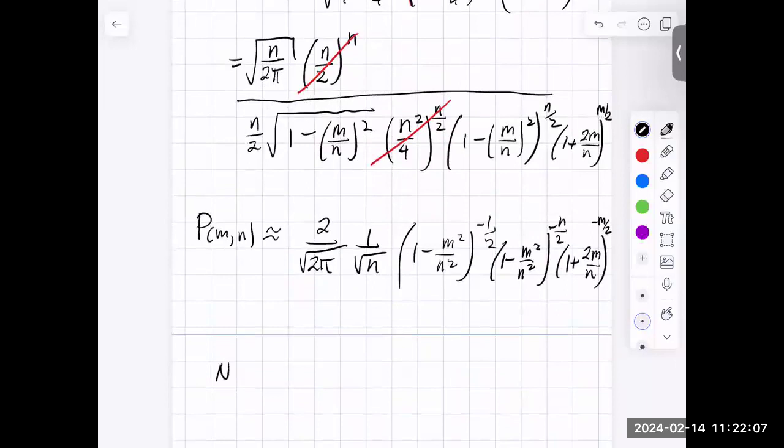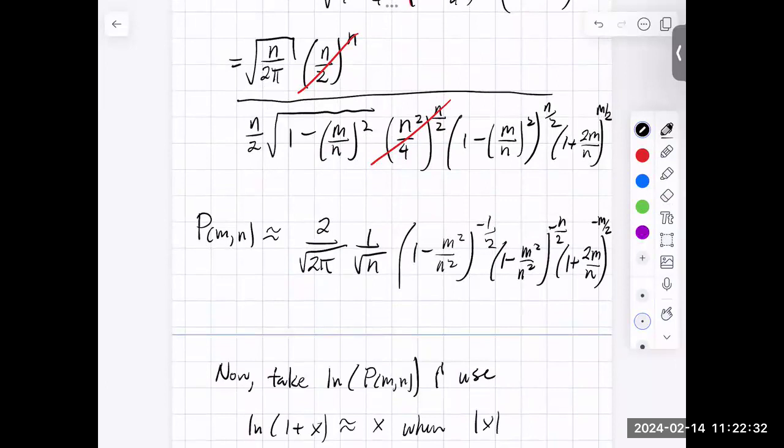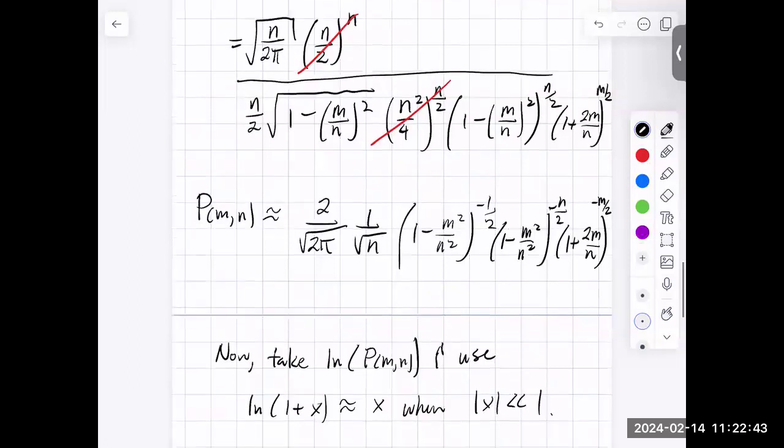So we take the ln of this probability, and we're going to use the approximation we used last time: ln of 1 plus x is approximately x when the absolute value of x is small. You were asking whether all these things are still small, and yes, they are still small, and we're still going to do an approximation.